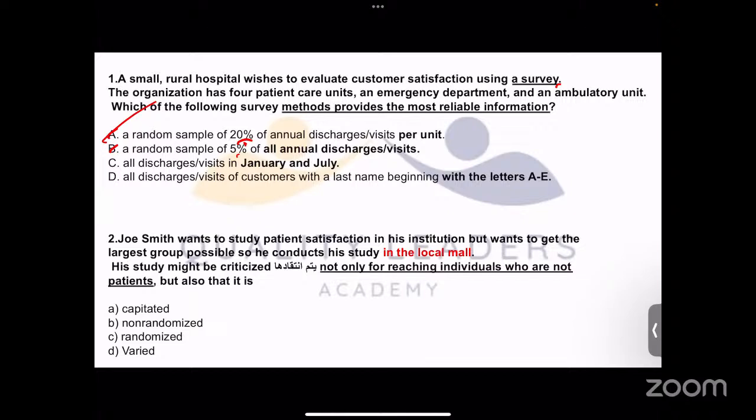The study was conducted in a specific mall, meaning in a specific area. Is this study randomized or non-randomized? This is non-randomized. So the answer here is letter B.